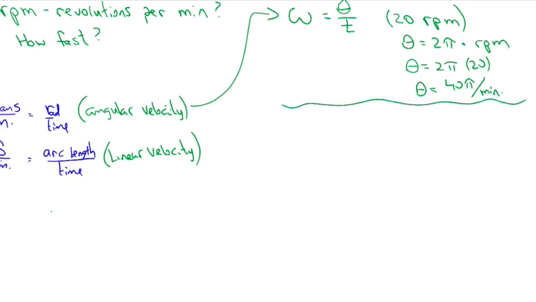From omega, velocity is equal to s over t. The problem with s, being arc length, is we'd have to go and calculate it using s equals theta r and then take that answer and plug it back in here. But if you look at this formula, it already has theta involved in it.